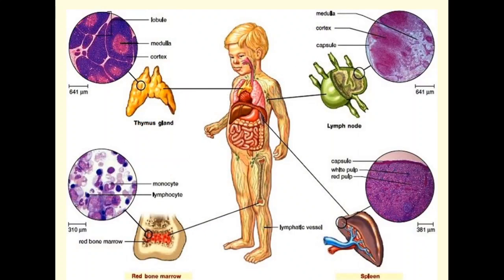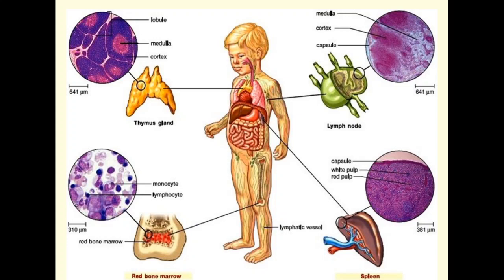Primary, secondary: thymus gland, red bone marrow, lymph node and spleen. Also, mostly each of these organs has a cortex and a medulla. So the same: cortex, medulla, cortex, medulla.